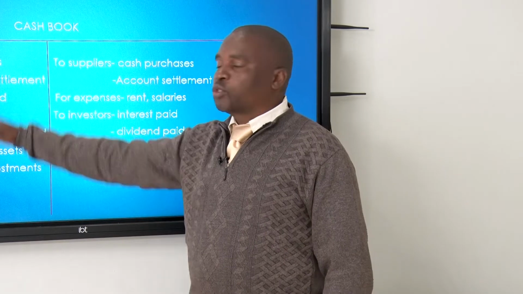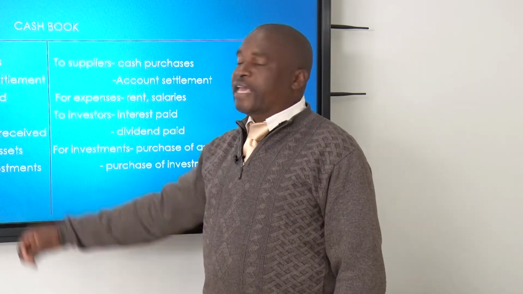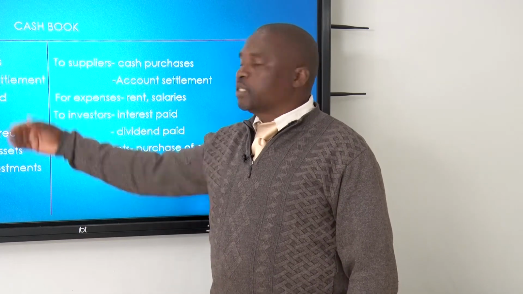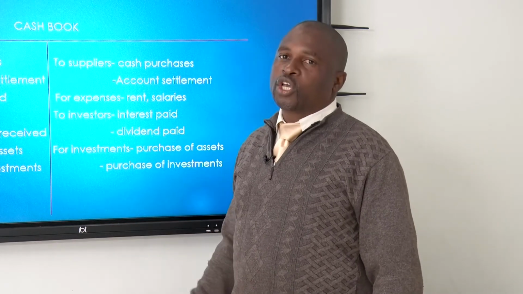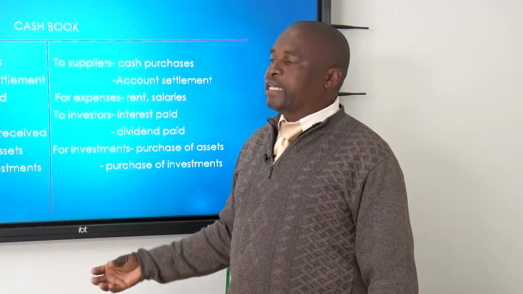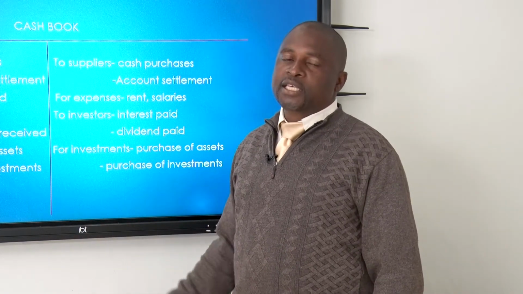So, what sort of money comes into the business? Money comes from customers. When we make sales to customers, we refer to these as cash sales. Sometimes these customers buy goods on credit, but the cash book is only affected when that account is being settled. You settle that account with cash. If you have invested in land and buildings, you can get your money from tenants. This money is referred to in accounting as rent.